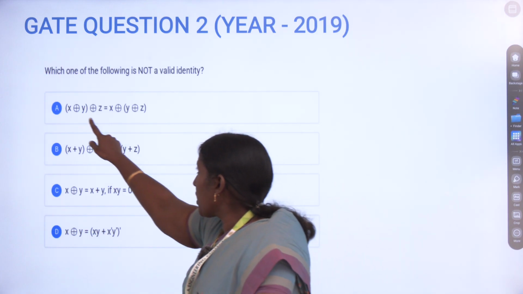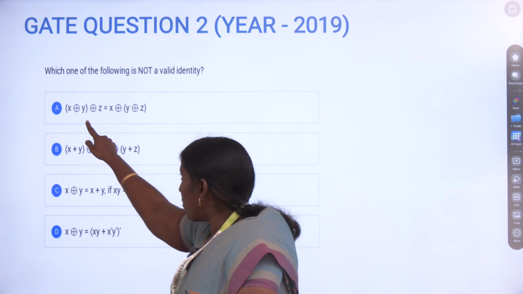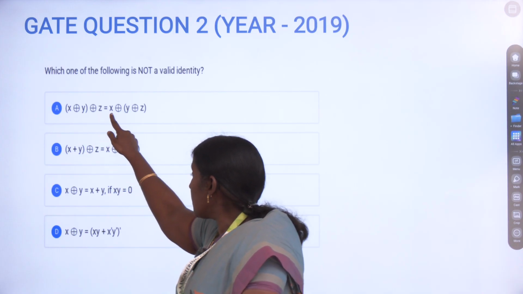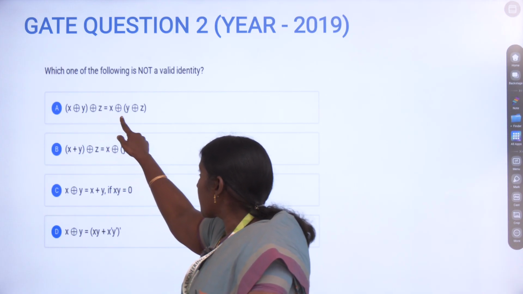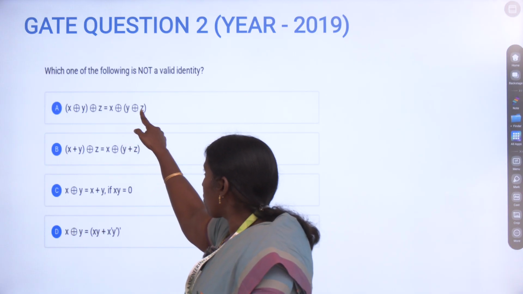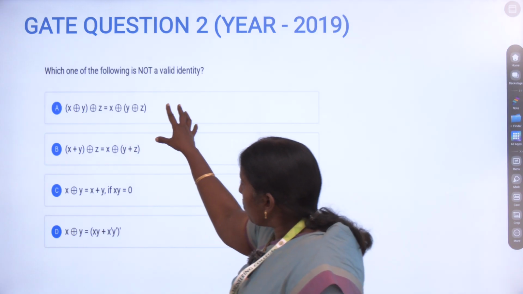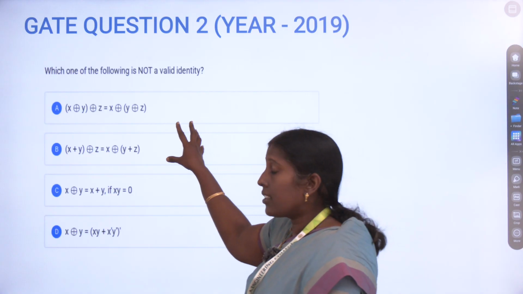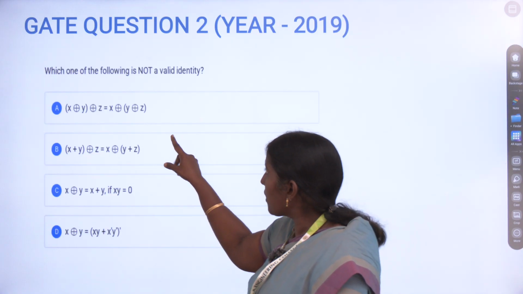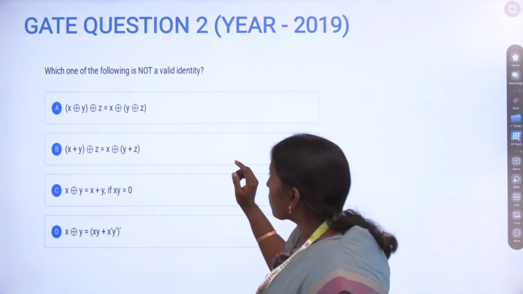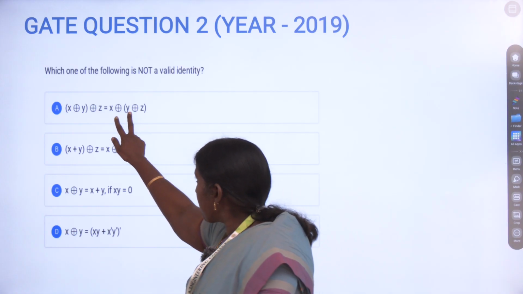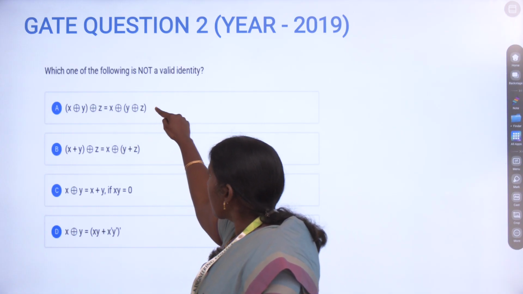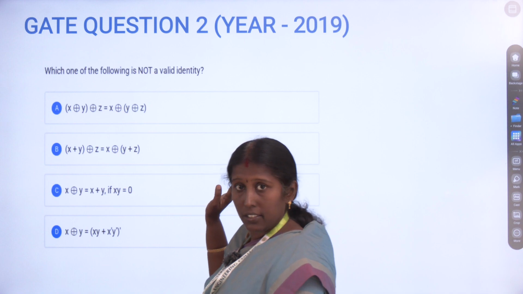First choice is x XOR y XOR z is equal to x XOR y XOR z. When we look into this, it is very clear that this is going to satisfy the associative law. Since it satisfies the associative law, this is a correct identity.